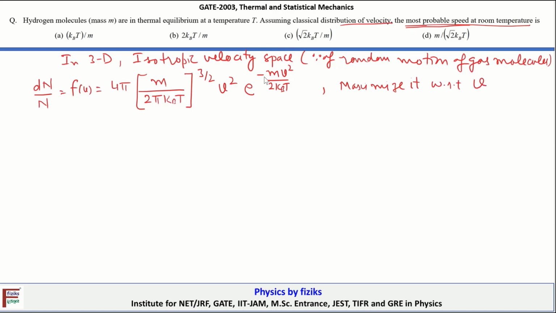While maximizing, we will notice that df(v) divided by dv is equal to 0. Let me call this equation 1, the Maxwell-Boltzmann velocity distribution.